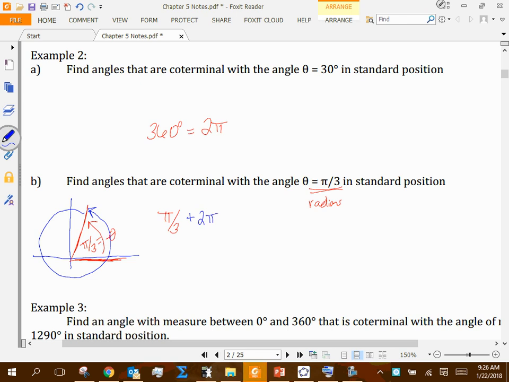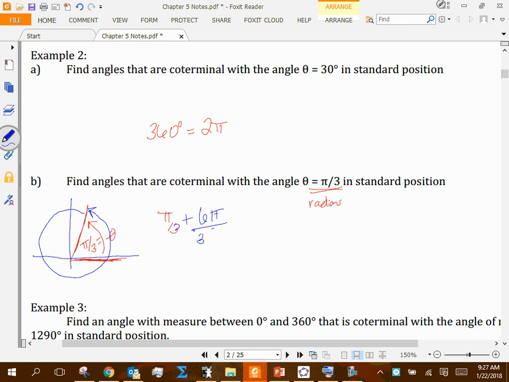Now, what do I need if I'm going to add 2 fractions? A common denominator. So that common denominator is going to be a 3, and that numerator is going to be 6 pi. This should be a plus sign.